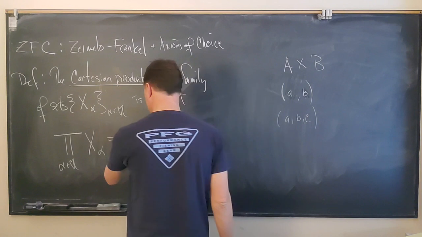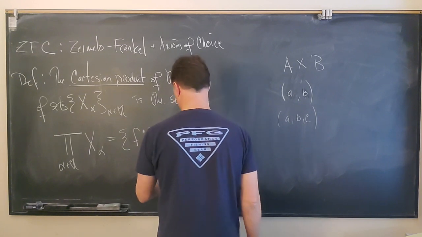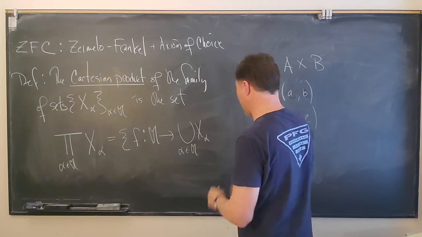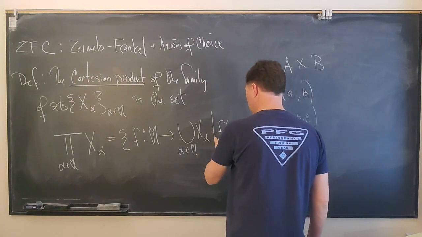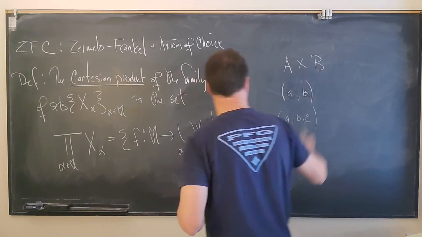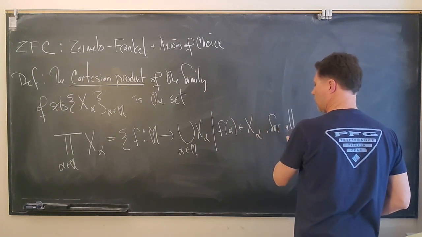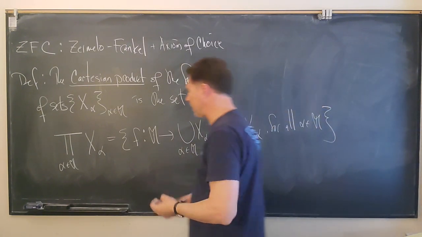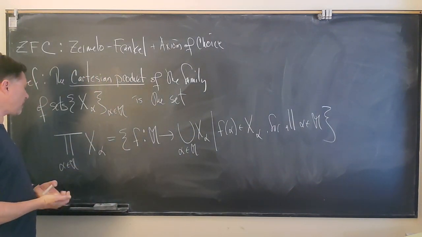It's the set of all functions from script A into the union of the X alphas under the condition that f of alpha has to be an element of X alpha for all alpha in script A.